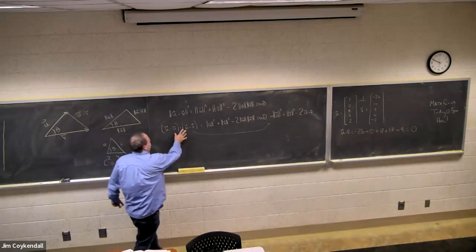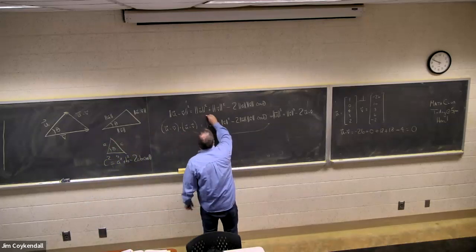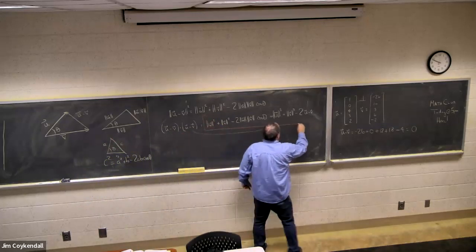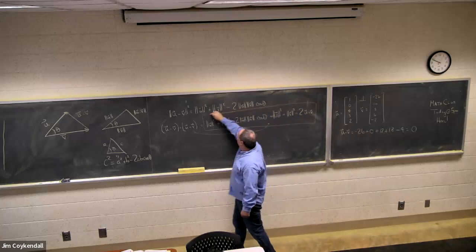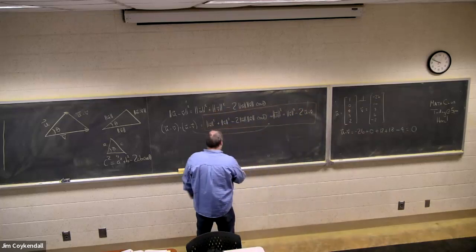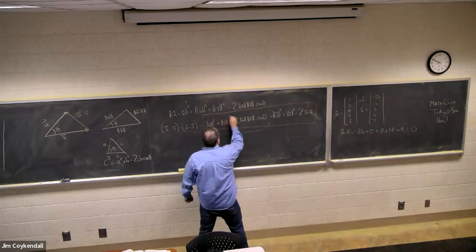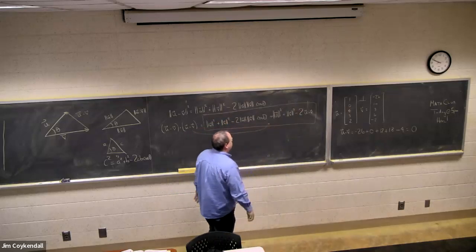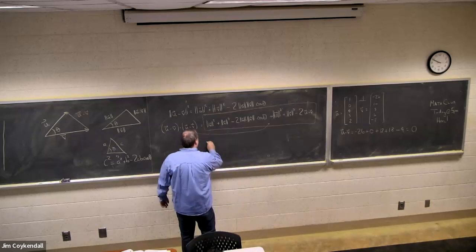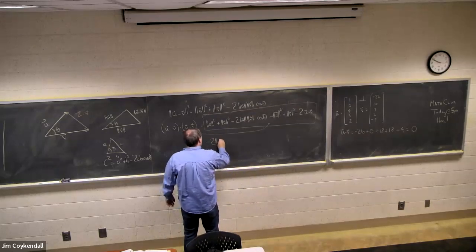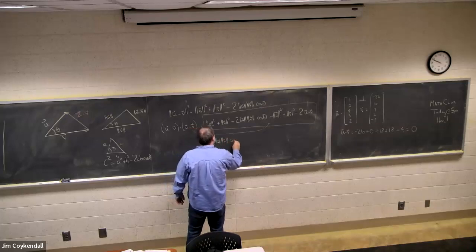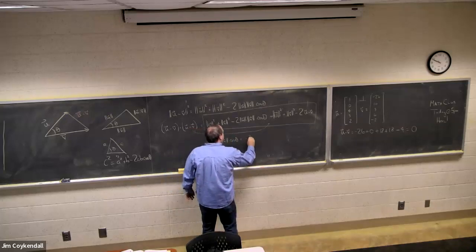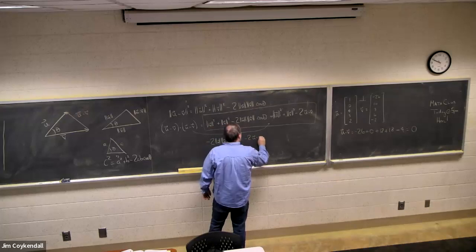When I dot this out, I get this. What I get is minus 2 length of u, length of b, cosine theta, which is equal to minus 2 u dot b.